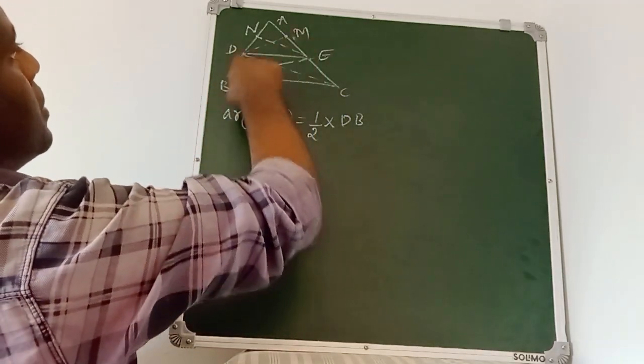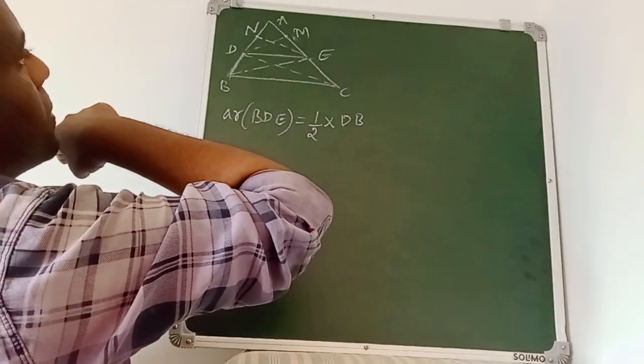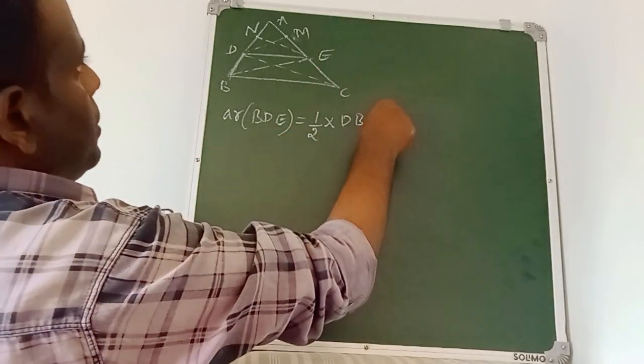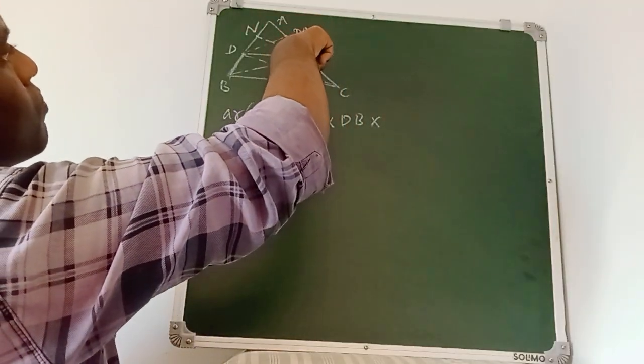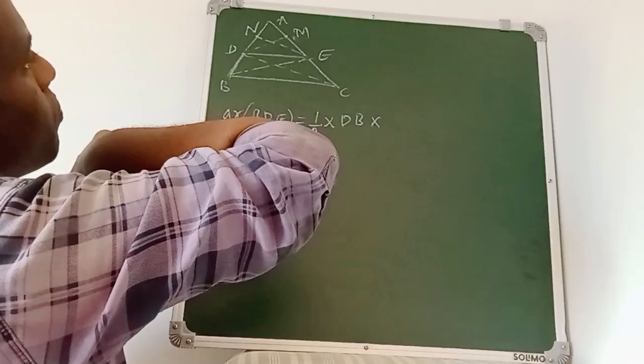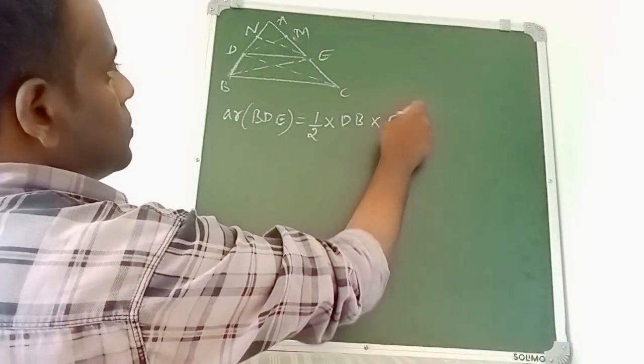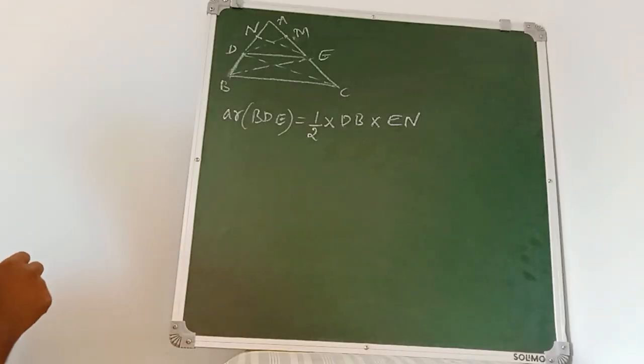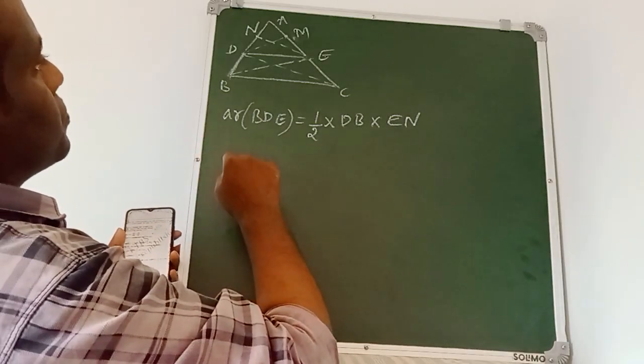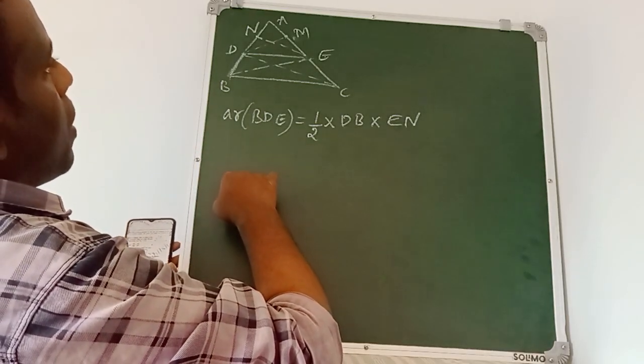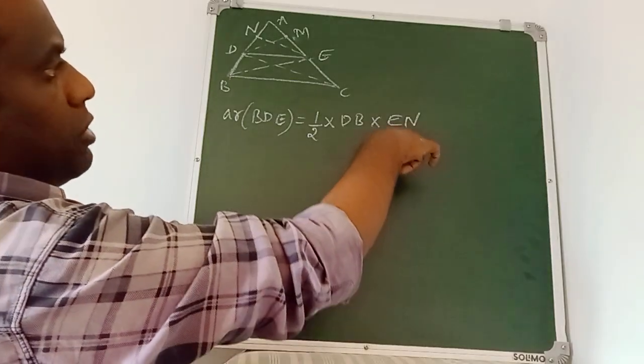AD, sorry, AD done. Then height will be EN. So height will be EN now.